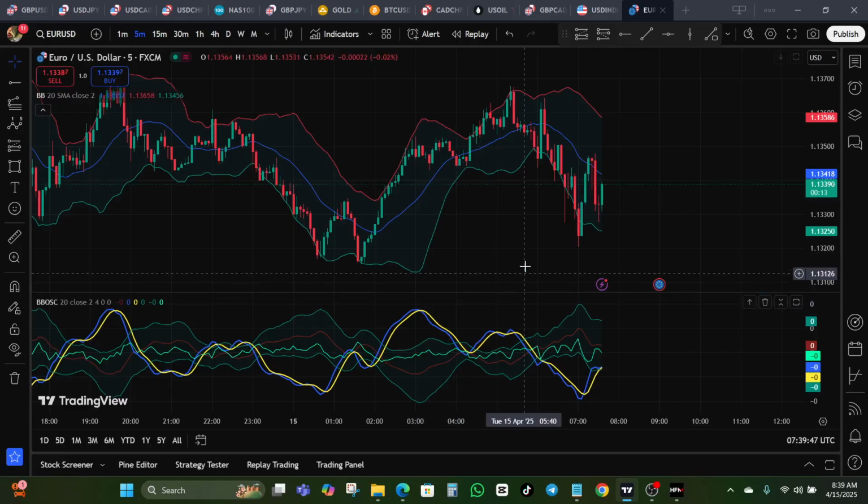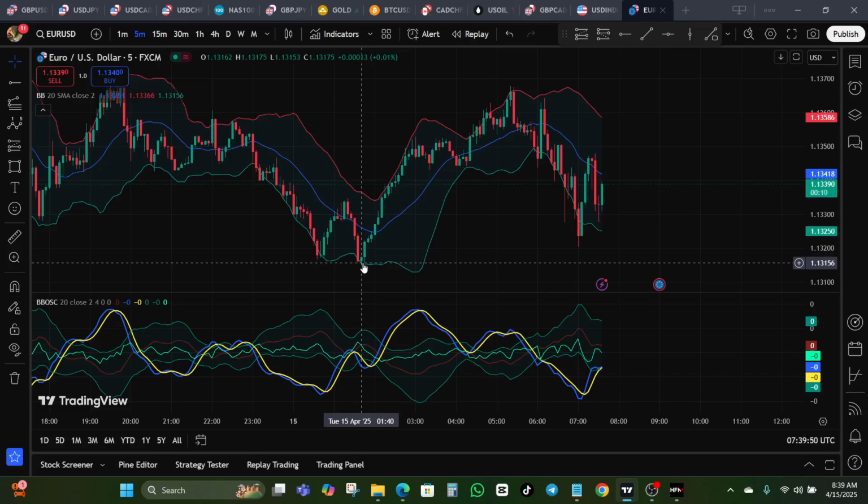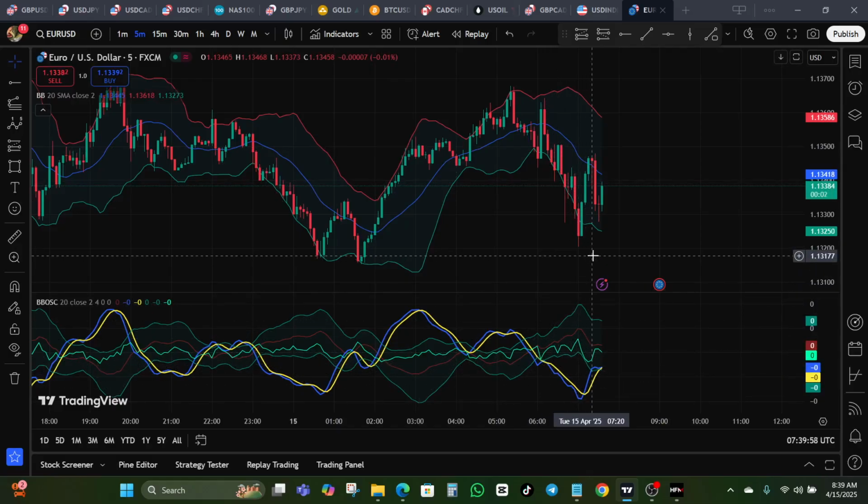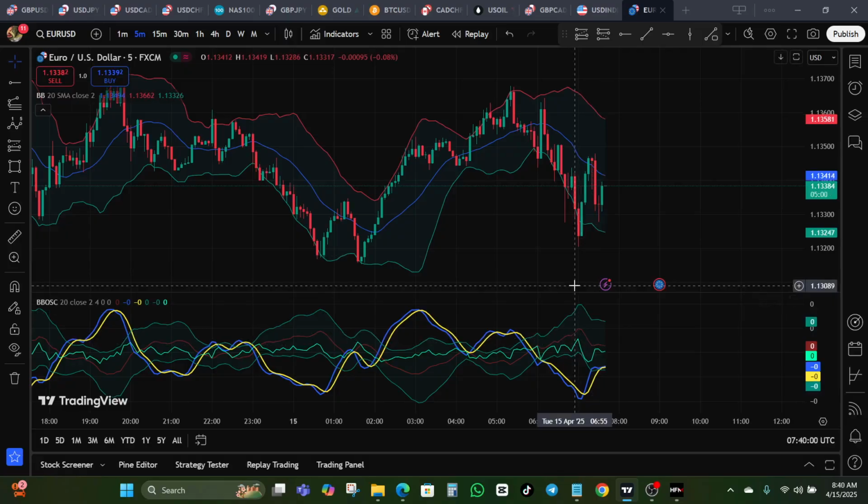Then when price approaches the lower band, the oscillator drops, as you can see what is happening here. So that signals oversold territory. It simplifies volatility and gives you a visual edge.